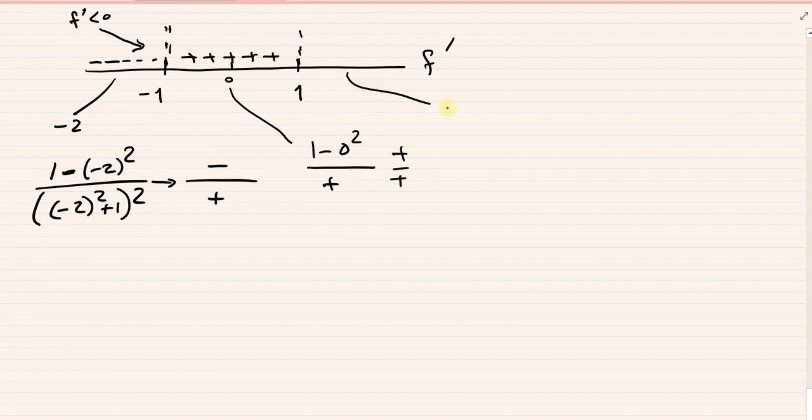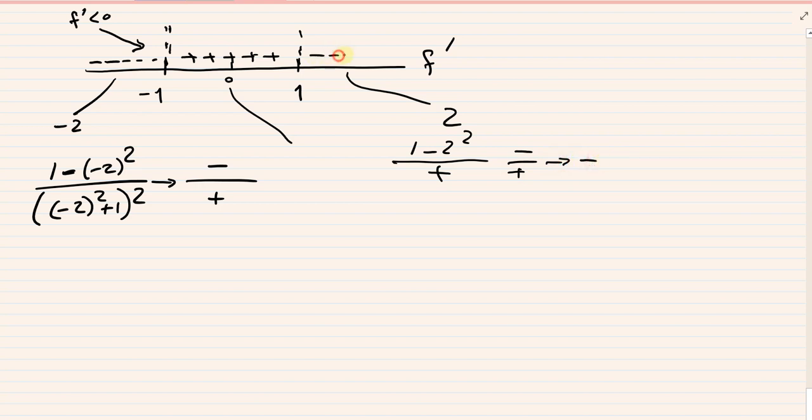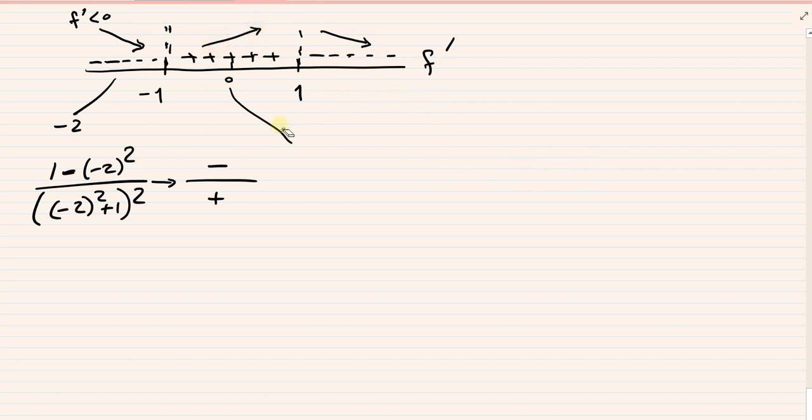Then choose 2, another test point here. The denominator is always positive, I won't even bother with that. In the numerator, I have 1 minus 2 squared. That's negative over positive, which makes negative. So the function again is decreasing. Here the function is increasing. And we are good with this one.